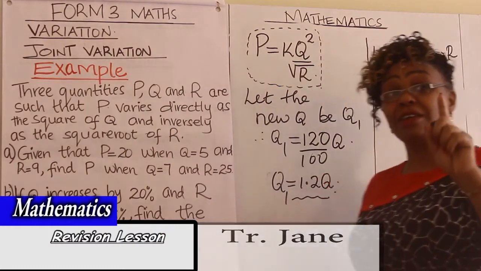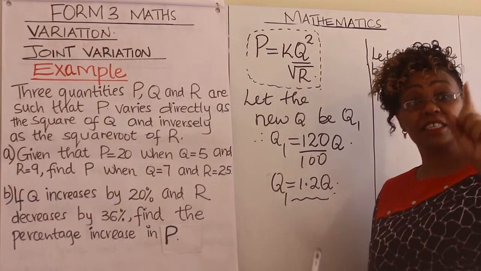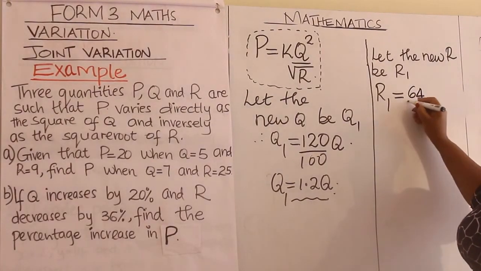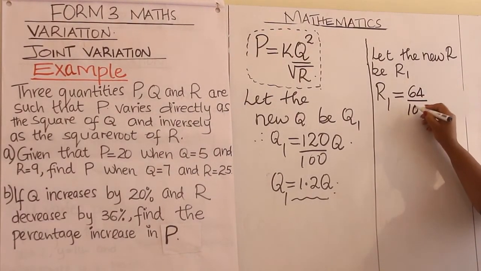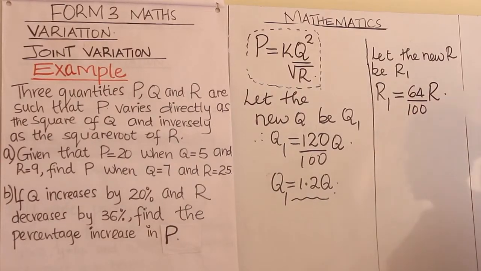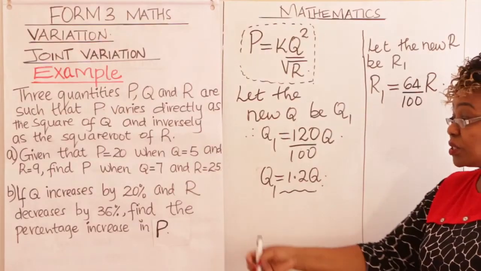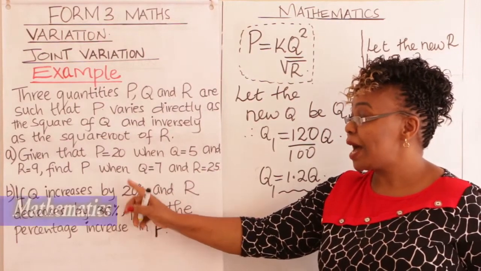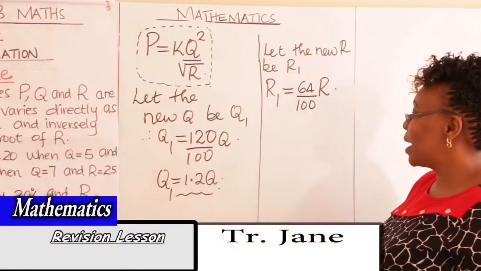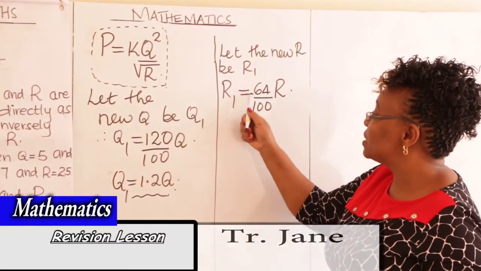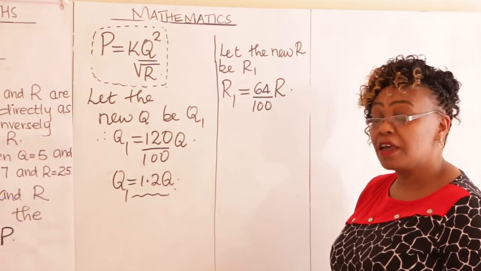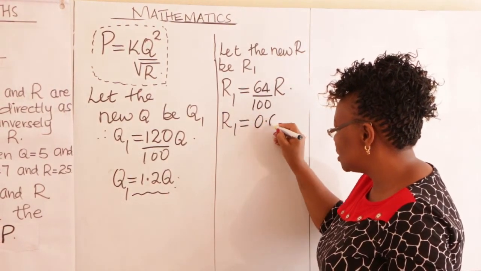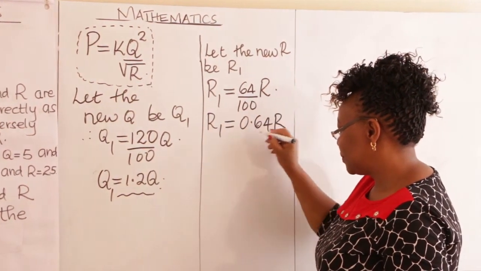So 100 minus 36 gives us 64. Therefore, the new R will be equal to 64% of the old R. When it is decreased, you subtract 36 from 100. When it is increased, you add the 20 to 100. So the new R will be 64% of the old R, and therefore, learner, the new R will be 0.64 R.